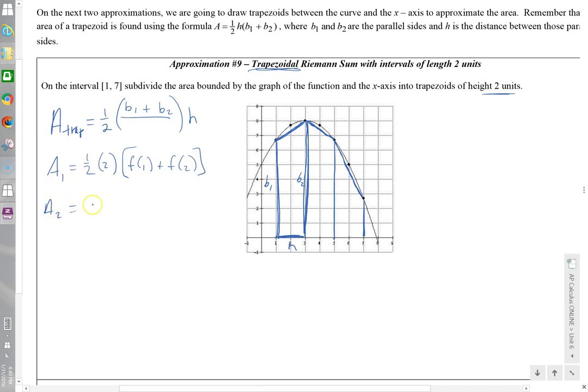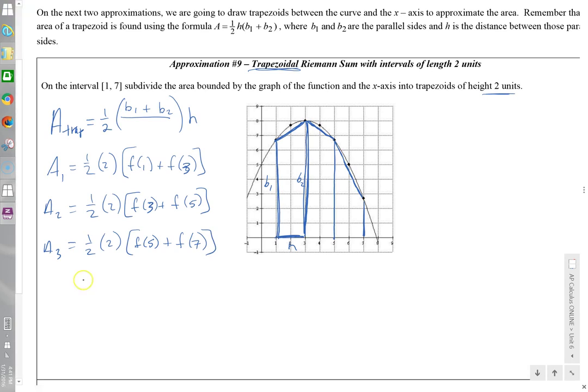The second trapezoid would be 1/2 times the height, which is 2, times f of 2 plus f, nope, it's not 2, is it? Those should be 3, sorry, our width is 2. F of 3 plus f of 5. And the third trapezoid is 1/2 times the height, which is 2, times base 1, which is f of 5, plus f of 7, which is base 2, and that is how we would calculate the area of each of those trapezoids.